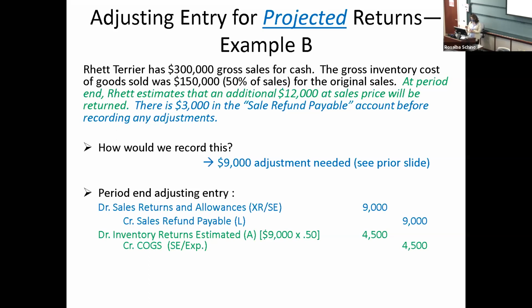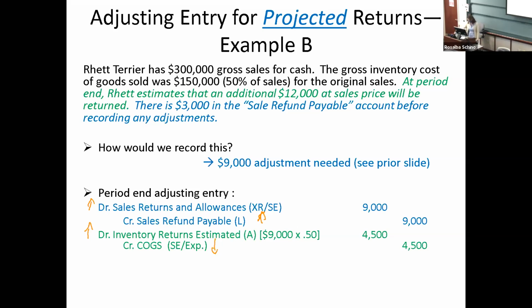It's because it's a contra revenue account. So it reduces the revenue. In that specific circumstance, I am increasing the sales returns and allowances, and I am increasing the sales refund payable because I'm adding a 9,000 obligation to the 3,000 obligation that I have, to get to a total of 12,000 obligation that I have to show. Then I increase the inventory returns estimated, and I decrease the cost of goods sold.